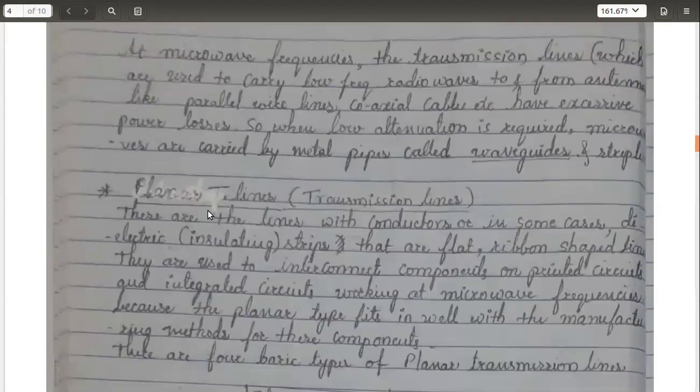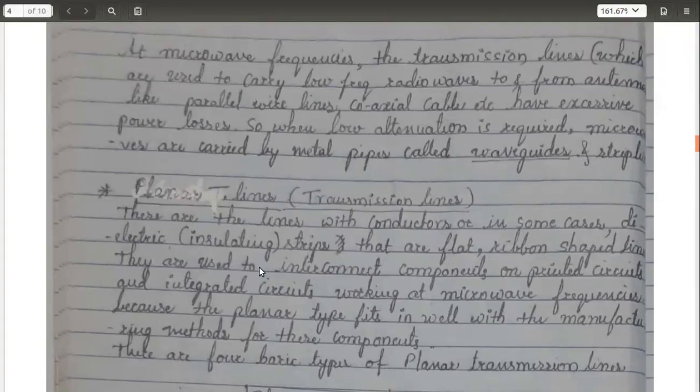Coming to where the strip line falls, in which category of transmission line. The heading is planar transmission lines. In the planar transmission lines we will see the categories. These planar lines are the lines with conductors, or in some cases dielectric strips, that are flat. The structure will be flat.